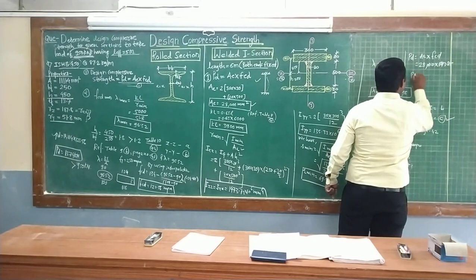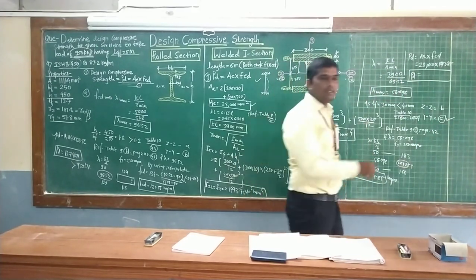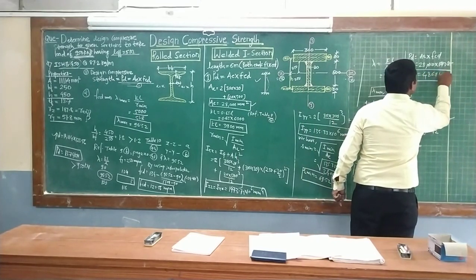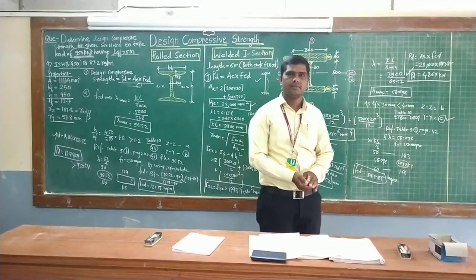So PD will be 4,867 kilonewton. So this is your design compressive strength.